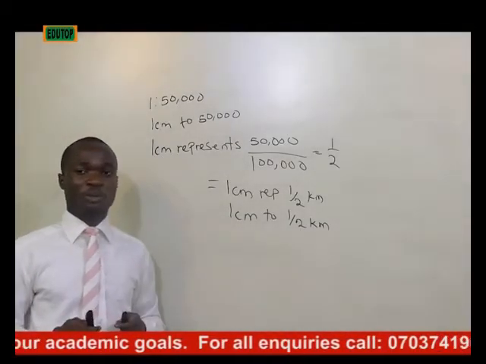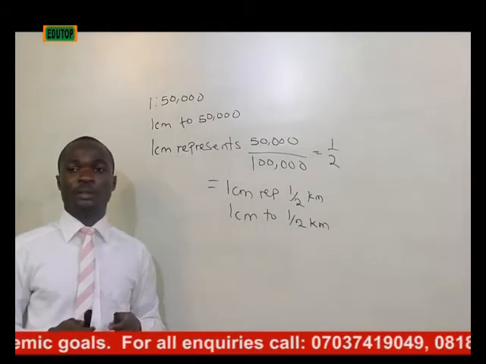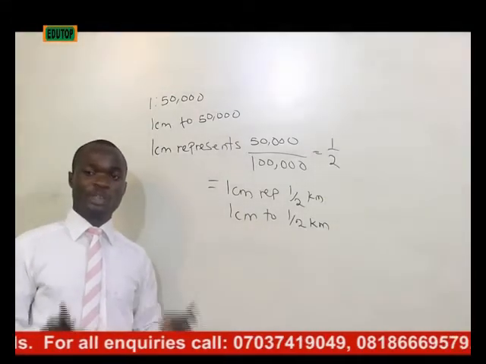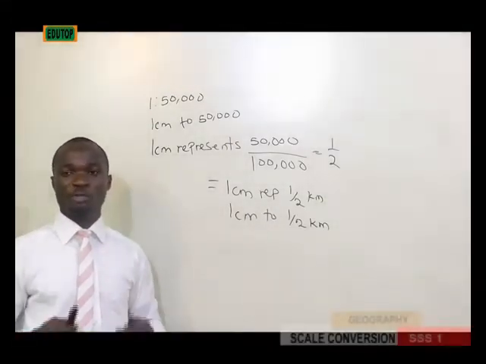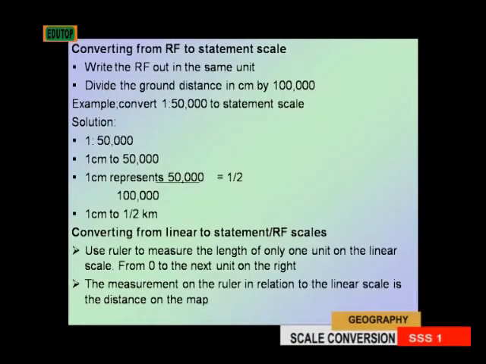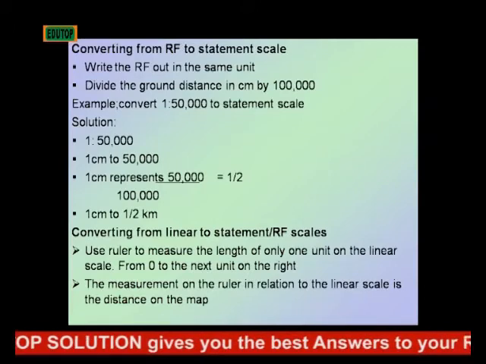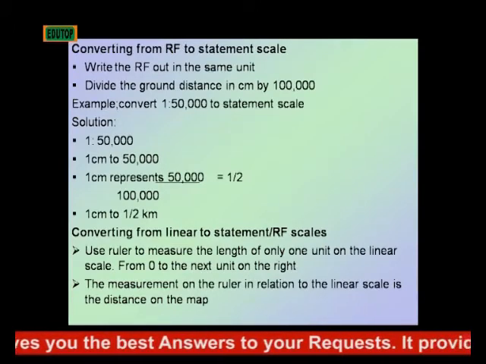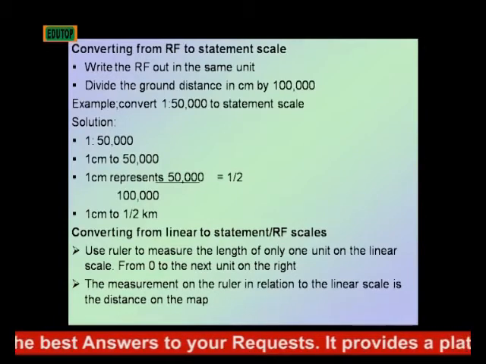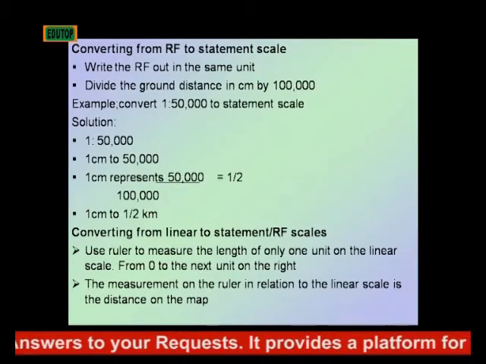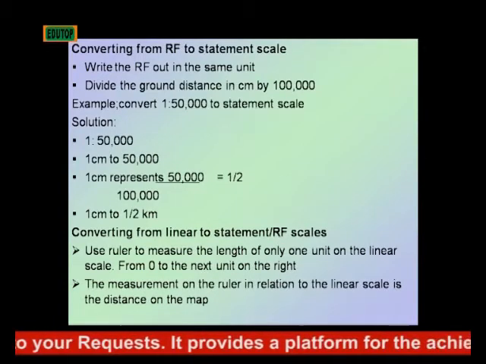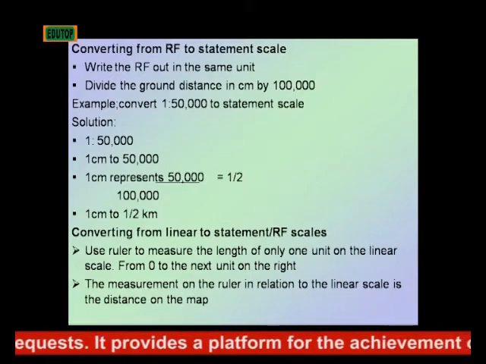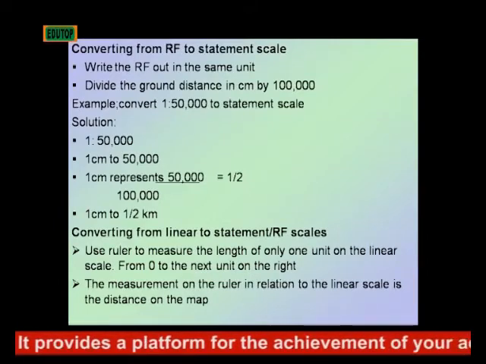It is also possible to convert from a linear scale to statement or representative fraction scales. In this case, you use a ruler to measure the length of only 1 unit on the linear scale, from 0 to the next unit on the right. Then you measure on the ruler.